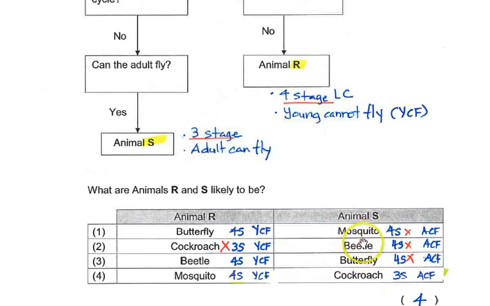So they are all wrong. Animal S is a 3-stage life cycle animal, right? It's cockroach, therefore it is correct. Okay, this part, only the cockroach part is wrong, because animal R is supposed to be 4-stage, 4-stage, 4-stage. Okay, so mosquito is correct and cockroach is correct. Answer is 4.